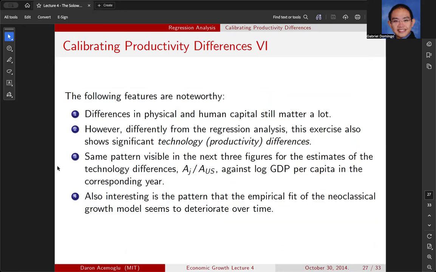Specifically, all other countries, A J over A US, will typically have a lower value of A J relative to the US. And that explains a lot of the difference between their real GDP and US GDP. It's the same as in GLS as well.